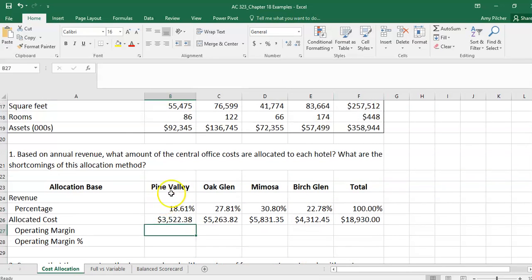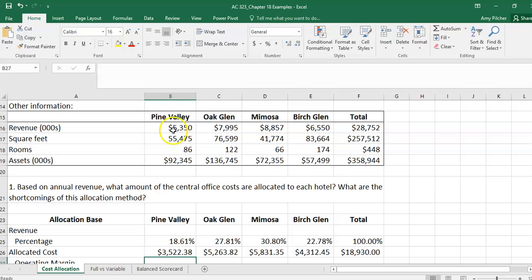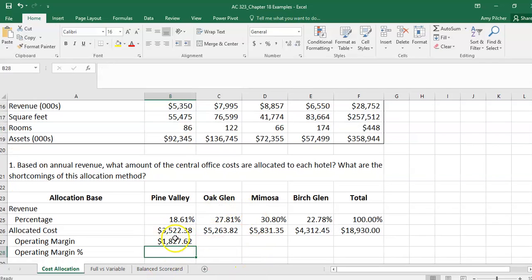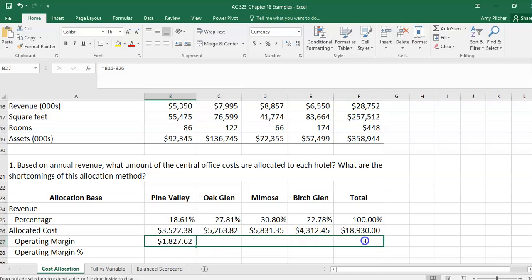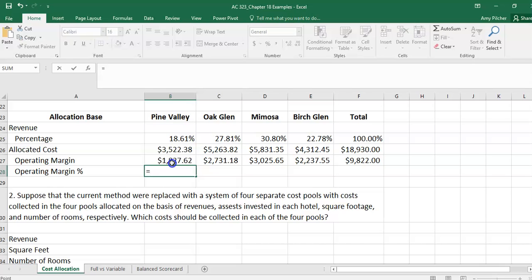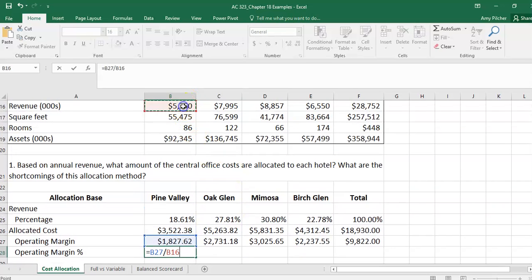Our operating margin then is revenue minus that allocated cost. So revenues minus the allocated cost for each division. And our operating margin percent is the operating margin divided by revenues.